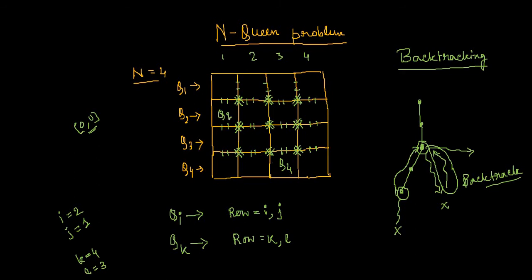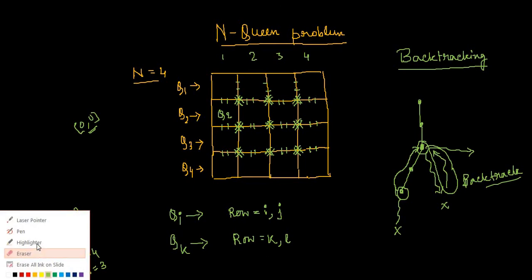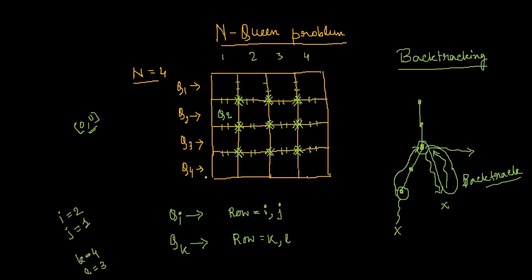If we have a collision in this way, we have many other cases also. For example, if you place queen 4 somewhere over here, then also I have a collision because it is visible, right?